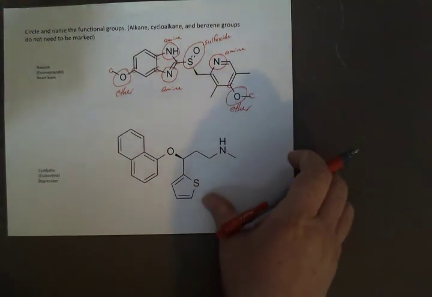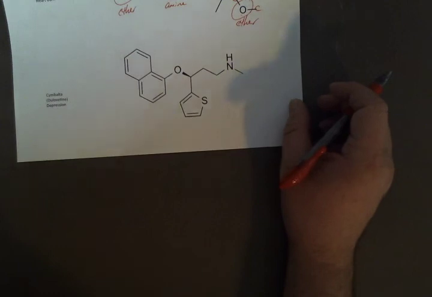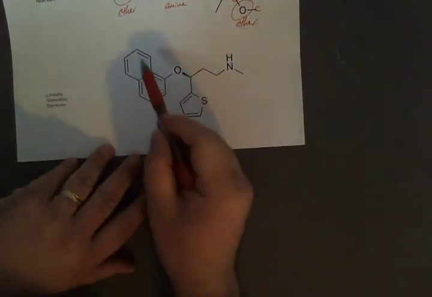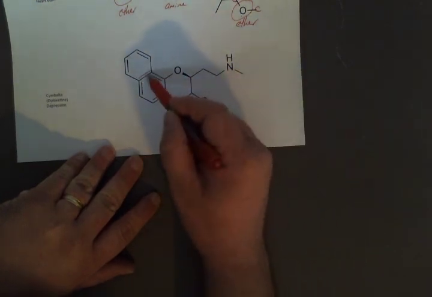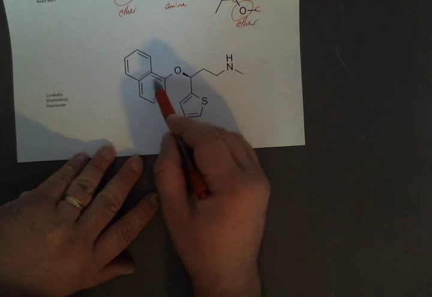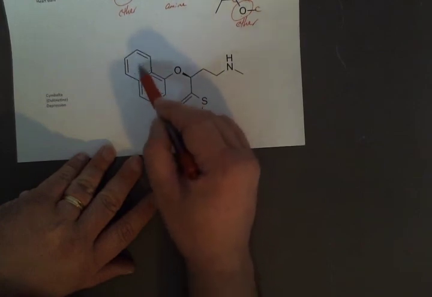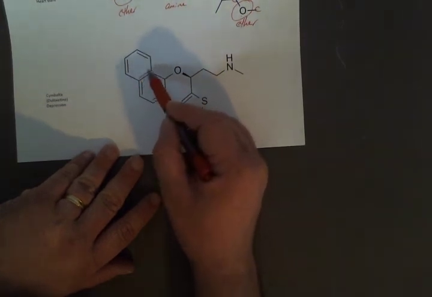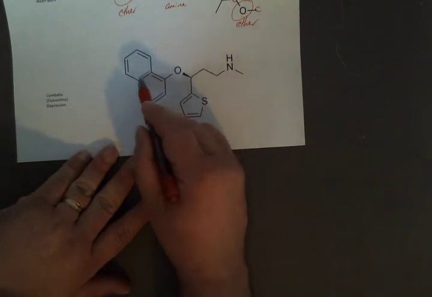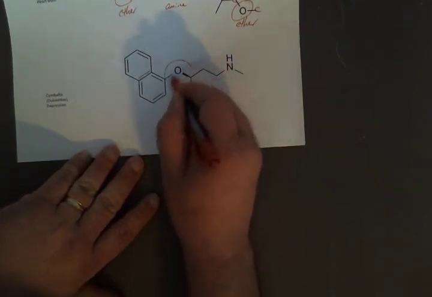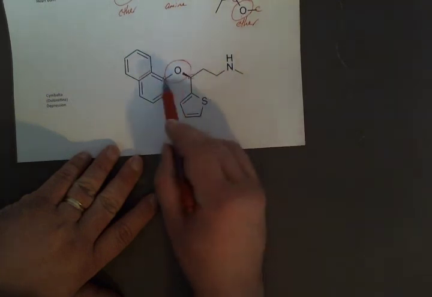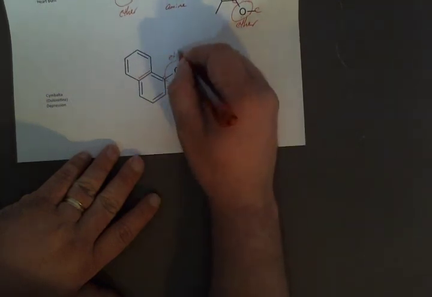Nexium. Next one is Cymbalta, duloxetine. It's used for depression. Okay, so here we go. I know this doesn't look like it, but this one here is actually a benzene. These two are actually 2 benzene groups, so that's how this would actually work. You can sort of think of that as being that down there. So these are actually 2 benzenes. This one right here has carbons on either side, so this is an ether.